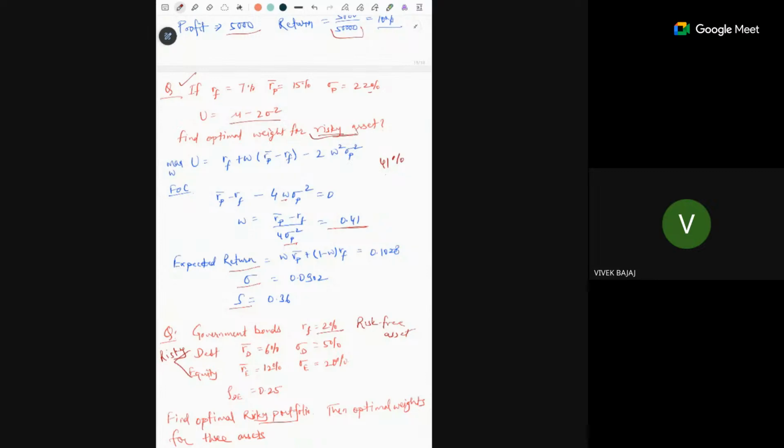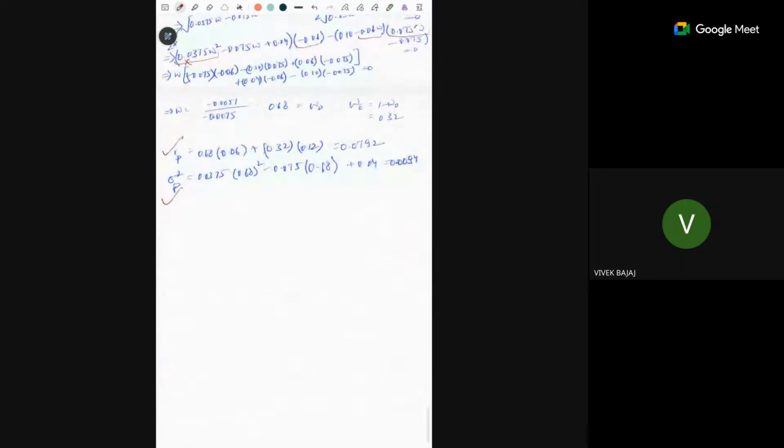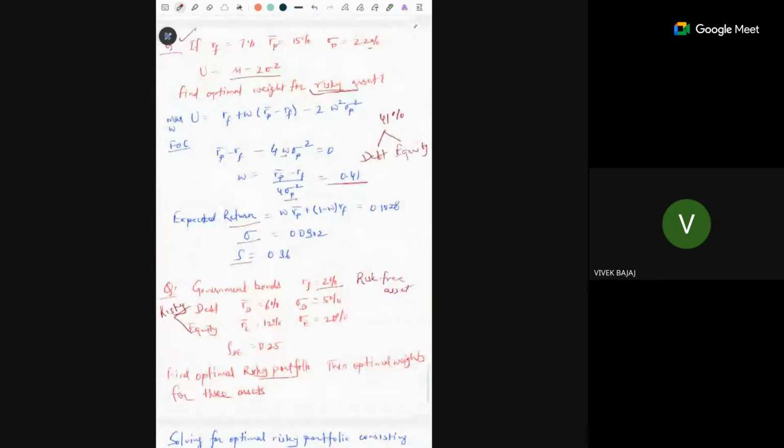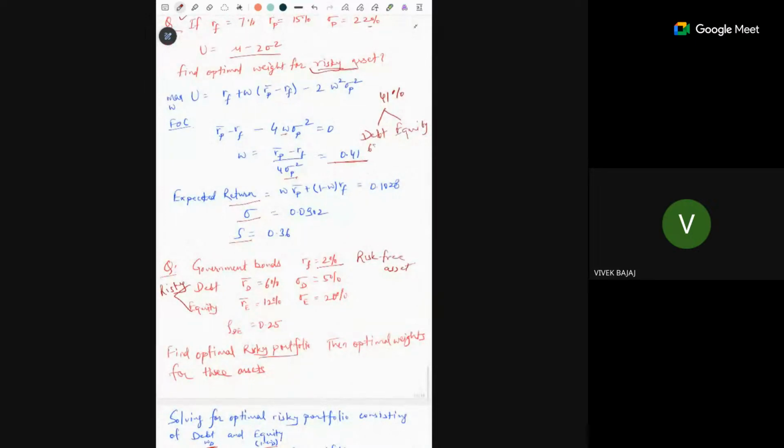Out of this 41%, some will go to debt and some to equity, with weights of 68% for the debt and 32% for the equity. This is how we find the optimal combinations of different risky and risk-free assets.